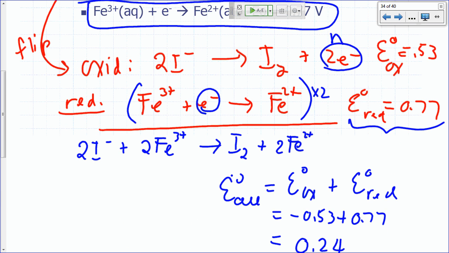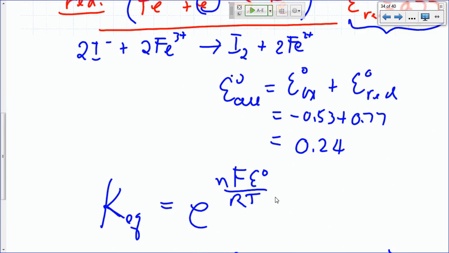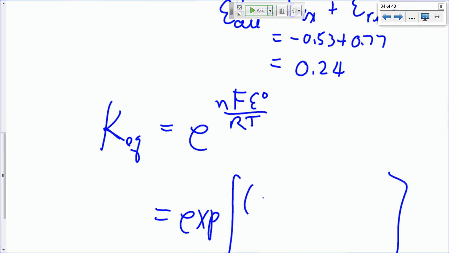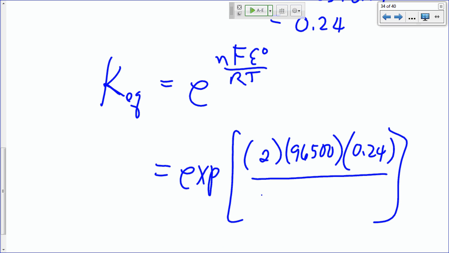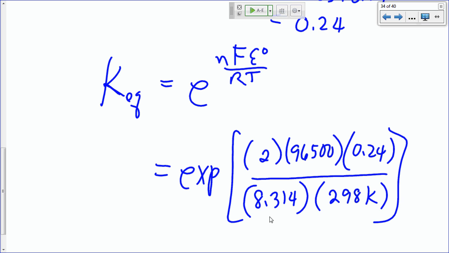N is 2, right? 2 moles. And Faraday is 96,500. We're going to put everything in SI here, so our standard cell potential is 0.24 volts. Divided by R, we have to use 8.314 joules per mole per Kelvin. And temperature is 298 Kelvin. Let me just leave out the units to make things easier to follow.